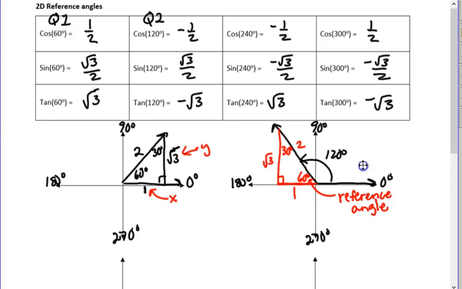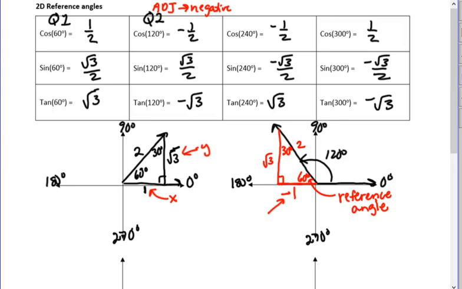And notice that in quadrant 2, the x value is going in the negative direction, but the y value is still positive. So this is actually a -1. So this is important to notice. That is a -1, which is why cosine and tangent are both negative, because both the cosine and the tangent involve the adjacent side. So the adjacent side is negative in quadrant 2.